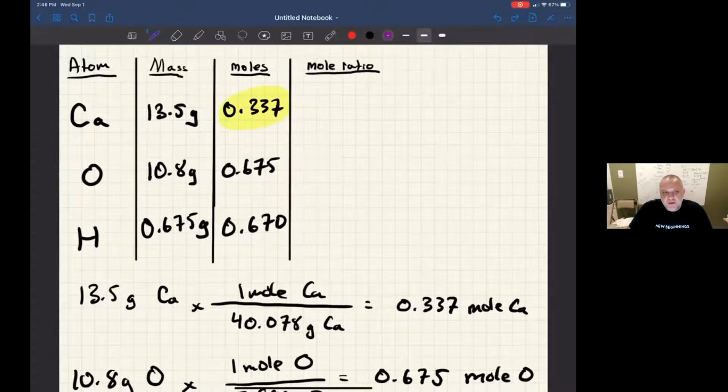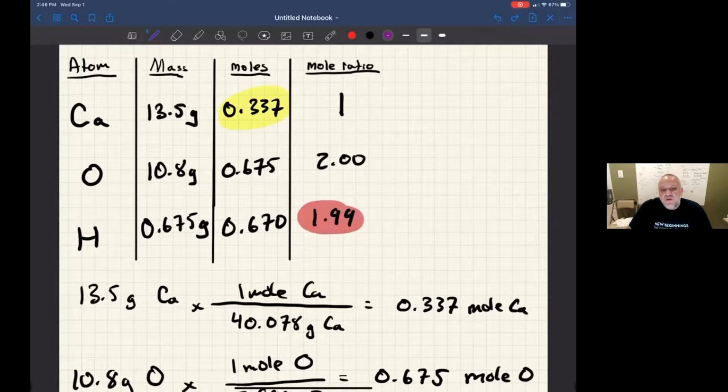Actually, I'm going to divide them all, because 0.337 divided by 0.337, that's 1. 0.675 divided by 0.337, that's 2.00. And 0.670 divided by 0.337 is 1.99.